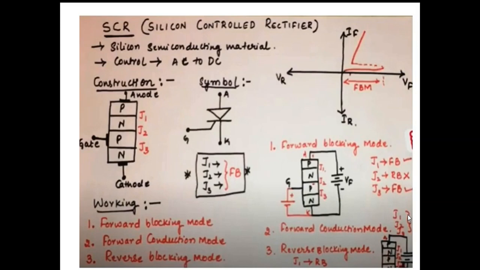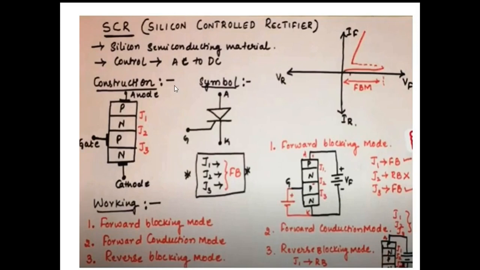We call it a silicon controlled rectifier because it is made up of silicon semiconductor material. It is mainly used in converting AC to DC and DC to AC according to our requirement.